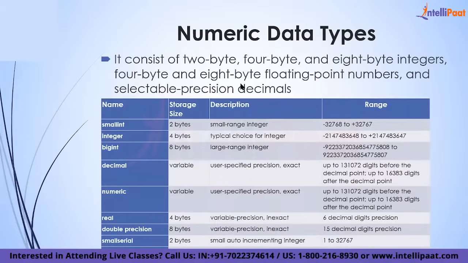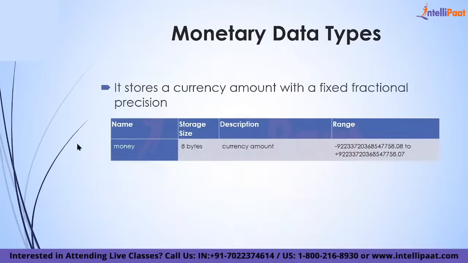Anyhow, we'll go through some practical things. When it comes to the data types, we'll execute some queries. So there is a monetary data type. The data type name itself is called money. Storage size is 8 bytes.